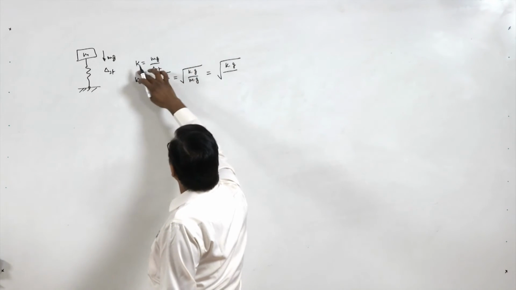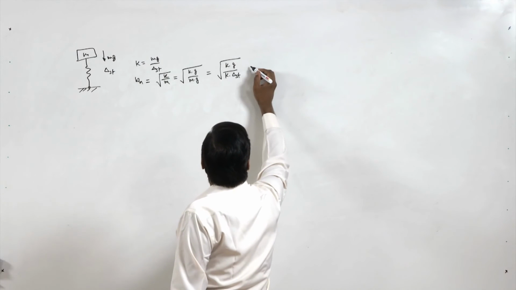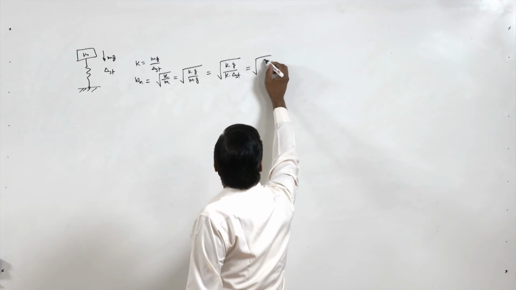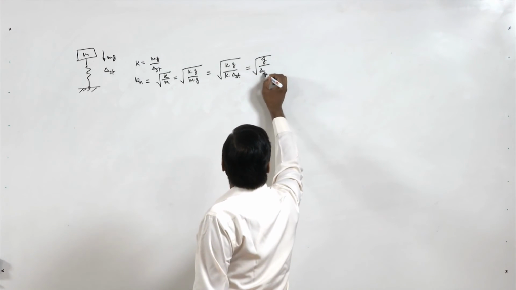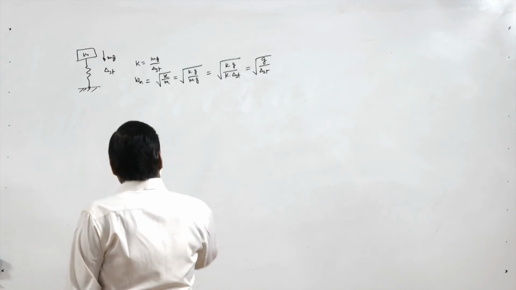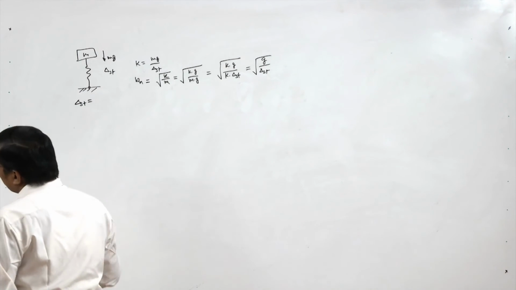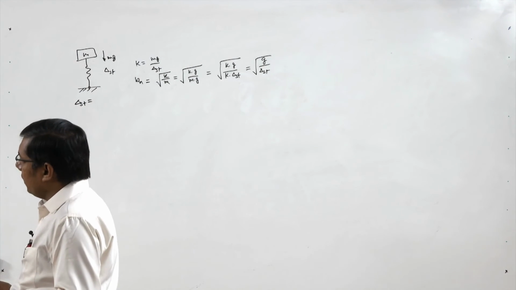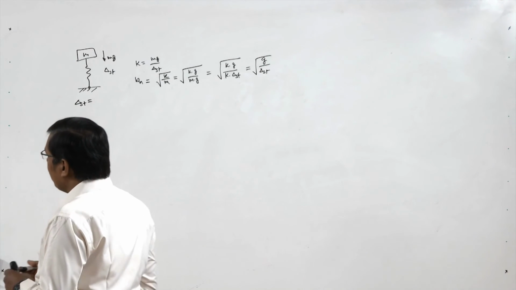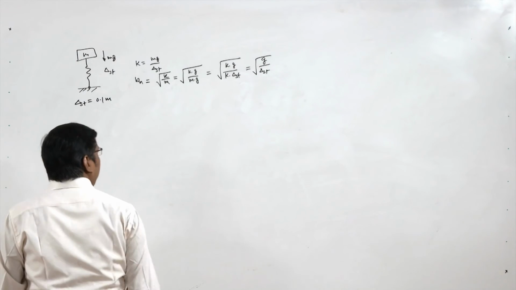M into g is k into delta st, so we will get g by delta st. Here delta st is given. It is the static deflection due to its own weight, that is 0.1 meter.